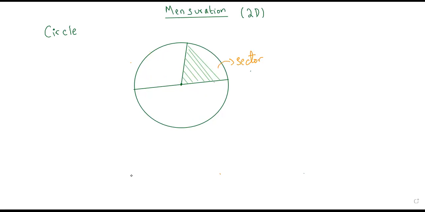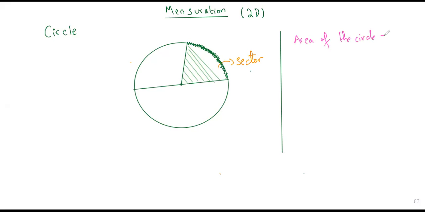We need to understand how to find the area of the sector and how to find this curved part of the circumference. Okay. So let's start defining everything. I'll be quick. I'll start writing down the formulas. Now, area of the circle.